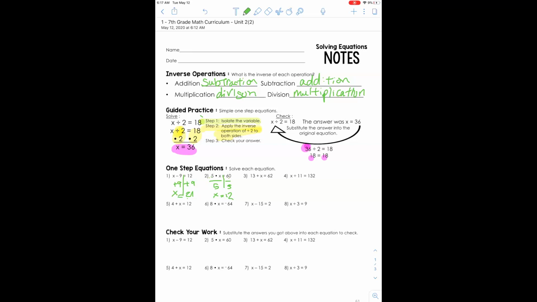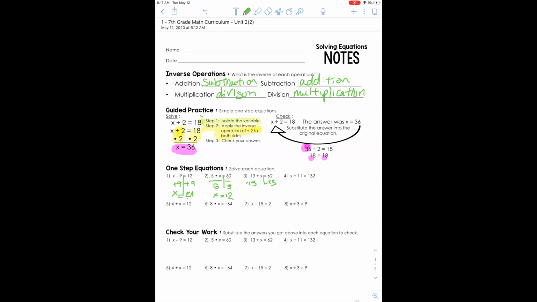So now let's look at the next one. So we have 13 plus x. So to get rid of the 13, we do its inverse. We subtract. So we're going to subtract 13 from each side. We have to do it from each side of the equation to balance out what we're doing to the one side.